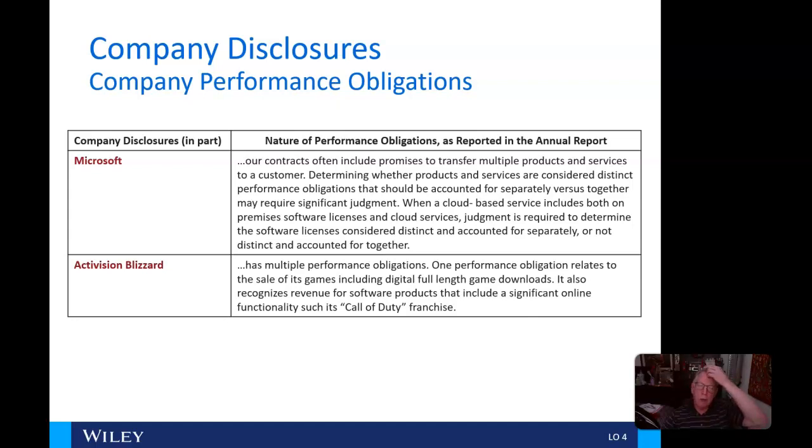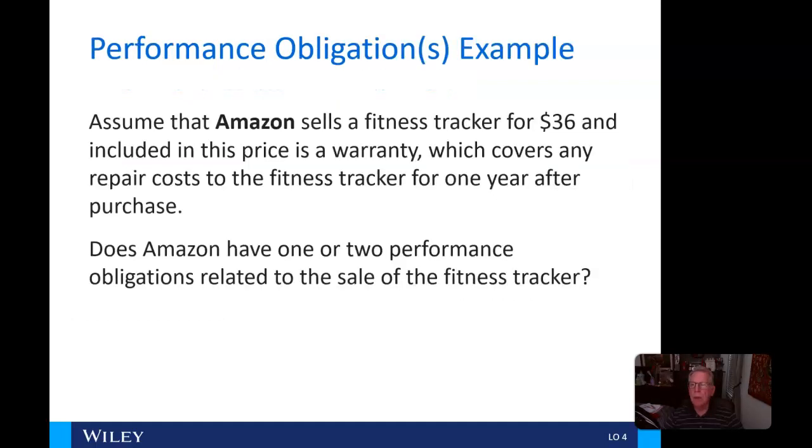So it's going to recognize its revenue when it is recognized revenue that includes a significant online functionality, such as Call of Duty franchise. So a little bit different in the way that they earn their revenue, but they both earn their revenue in different ways.